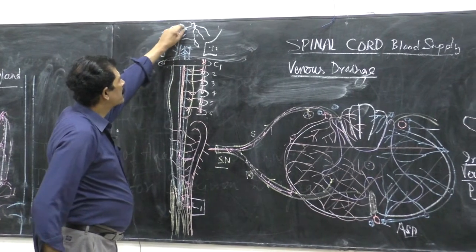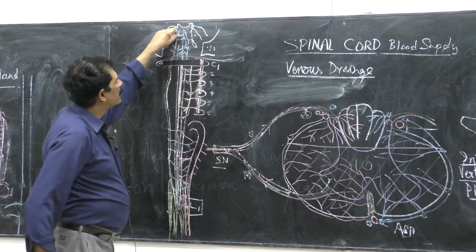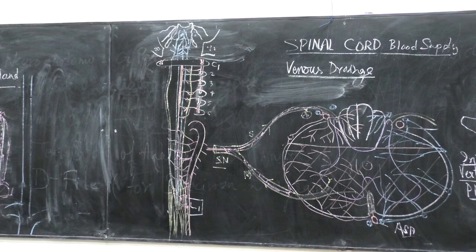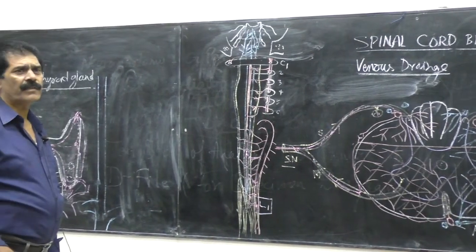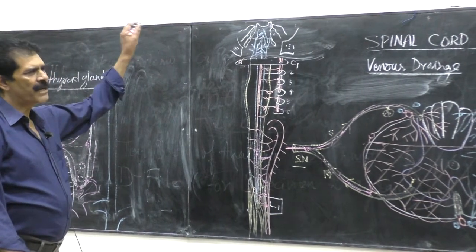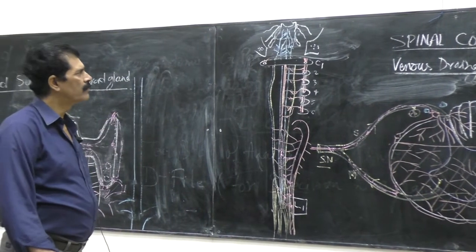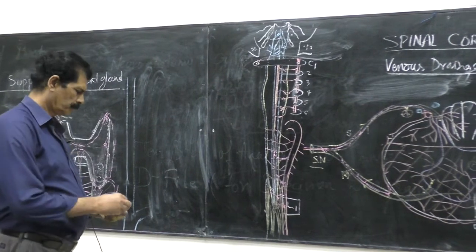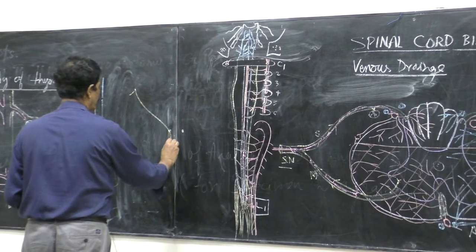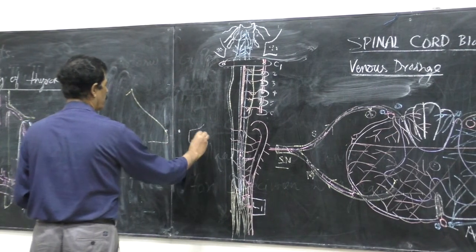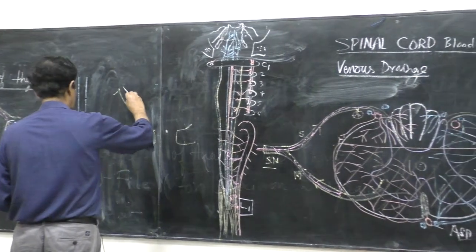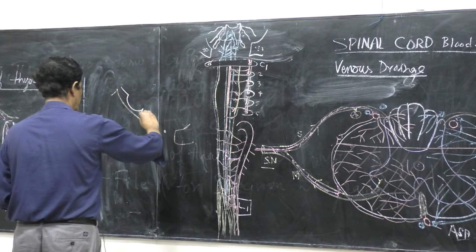And we know this clivus is touched by the anterior surface of the brain stem, that is the midbrain, pons and medulla. So this is the clivus, this is the foramen magnum, and here lies the midbrain, pons and medulla.